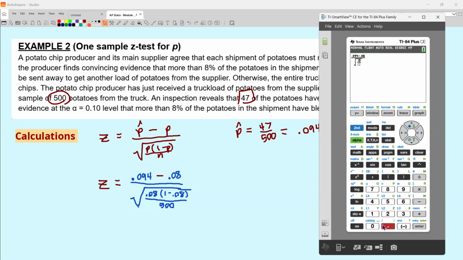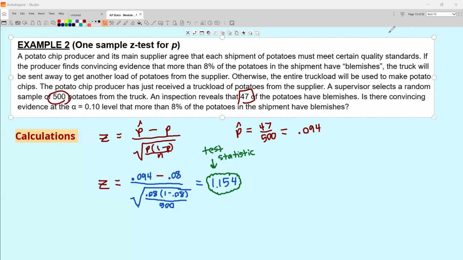And I can put the 0.08, and you can do 0.92, or you can just do 1 minus 0.08. Either one is going to get you the same thing. Close that up, and on the denominator, put your sample size. So that'll be your test statistic, and you can do all of that at once if you want. So that's 1.154.